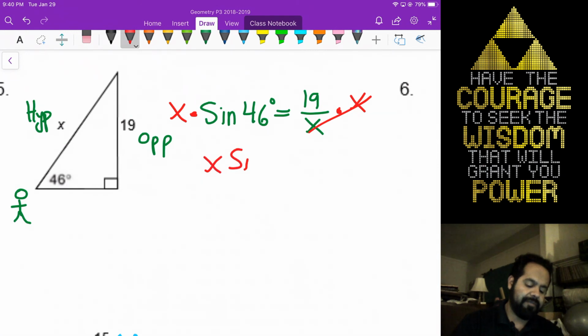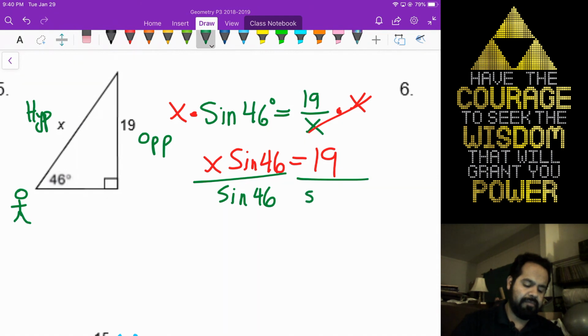So x sine of 46 equals 19. Divide by sine of 46. So then x equals 19 over sine of 46.